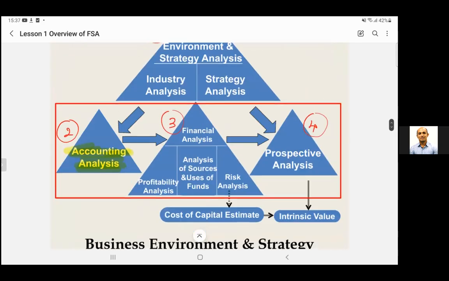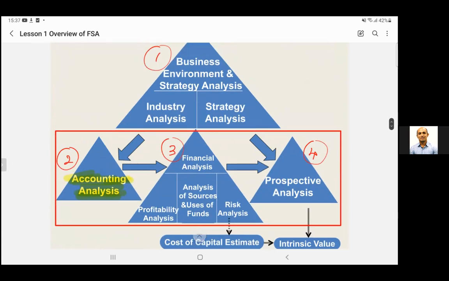So that will definitely help your step number 3. So what is step number 3? Financial analysis.